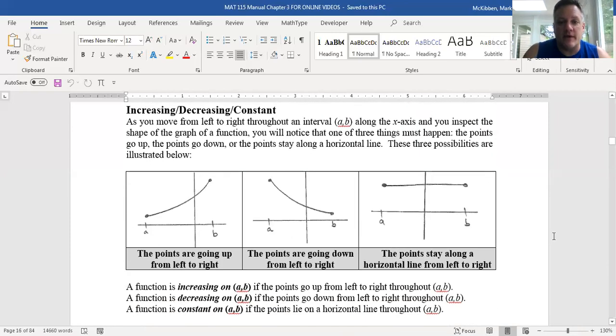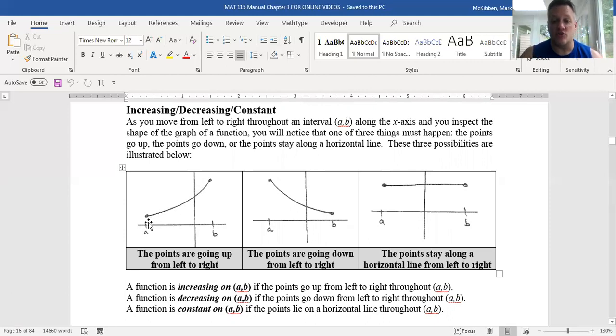Okay, increasing, decreasing, and constant. So always here, when you're characterizing a graph as being increasing or decreasing, you are assumed to be moving from left to right in the domain, right? So for example here, you always start with the leftmost x to the rightmost. And what we'll say is the function is increasing on this interval because the y values are increasing as a set of numbers.